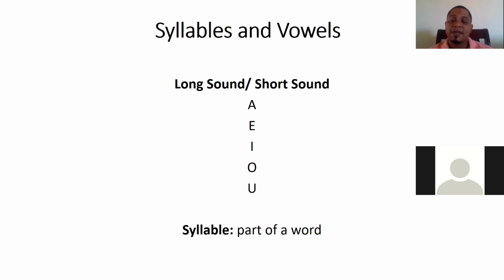Because remember, in the alphabet, we have 2 types of letters. We have the consonants and we have the vowels. Here, I gave you the 5 regular vowels that we have in the alphabet, which are A, E, I, O, U. I go again. A, E, I, O, U. These are the 5 vowels.